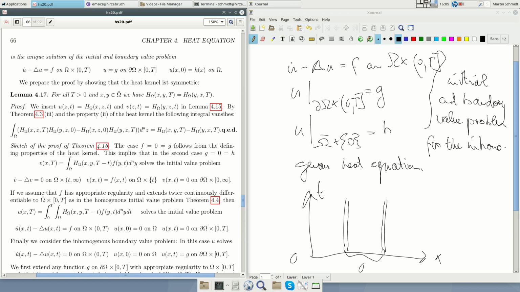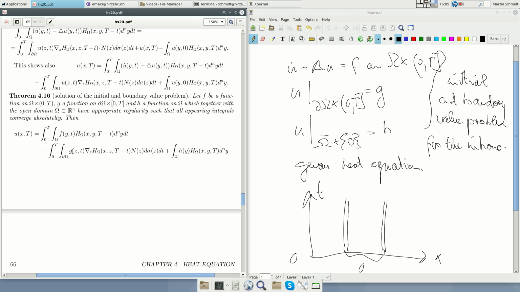Okay, I should emphasize that in this sketch we use this symmetry, because, for example, here, in this expression, if f and g are 0, we need that the heat kernel vanishes at x, if x belongs to the boundary.